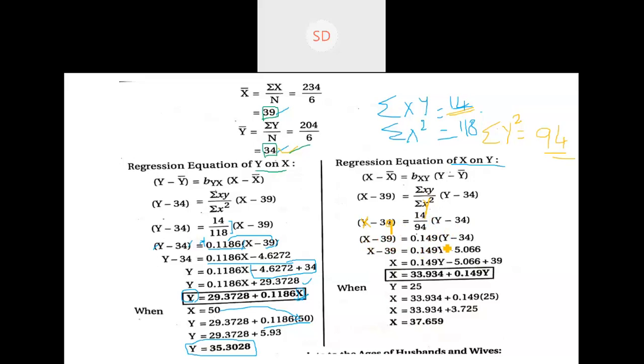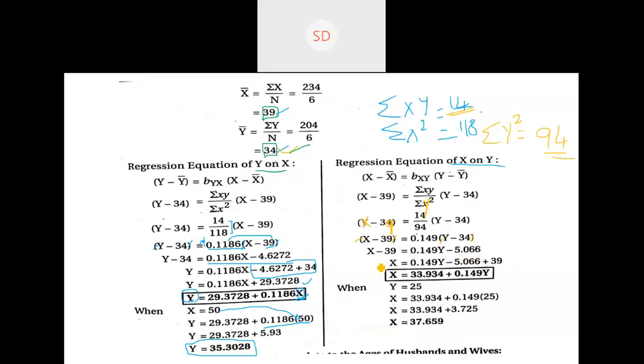Okay, this is given directly. Then y minus 34. Then going on further, they have taken out all the brackets here. Once you take out all the brackets, that will be x minus 39 is equal to 0.149 into y. Now here we are multiplying: 0.149 into y is 0.149y minus again 0.149 into 34, which will give you 5.066.